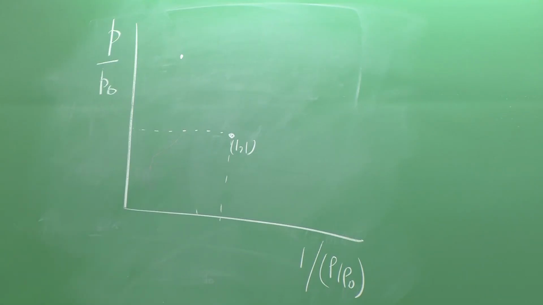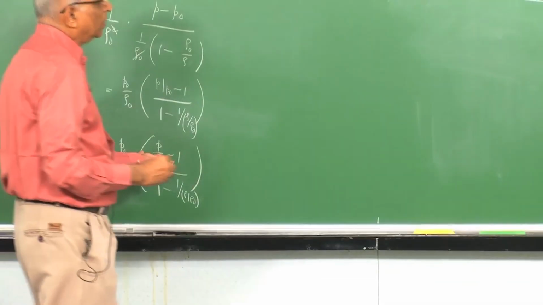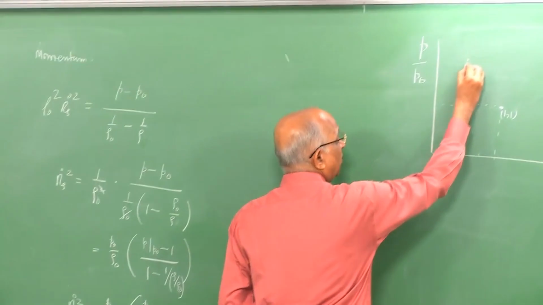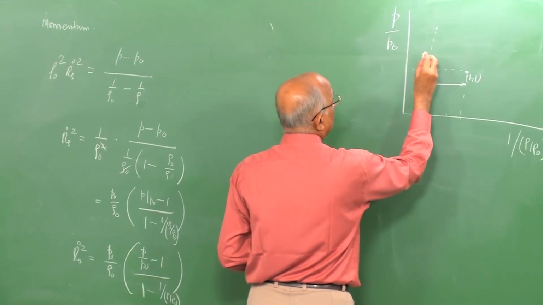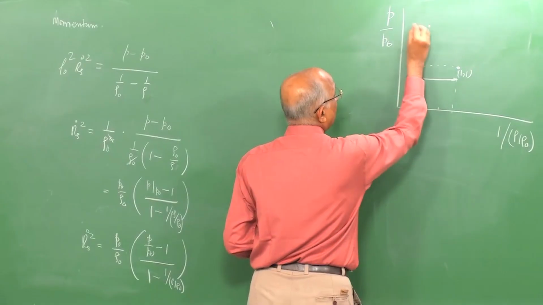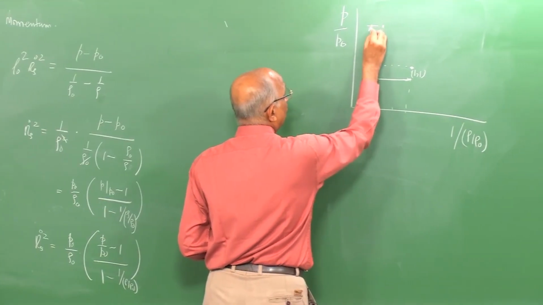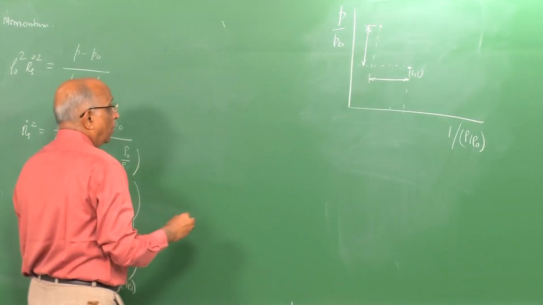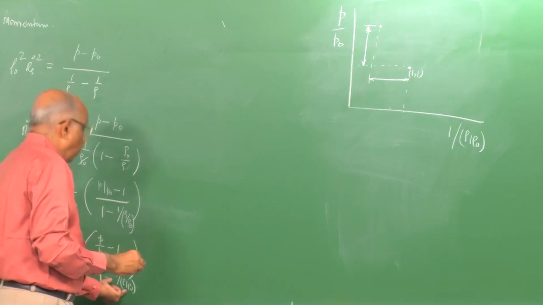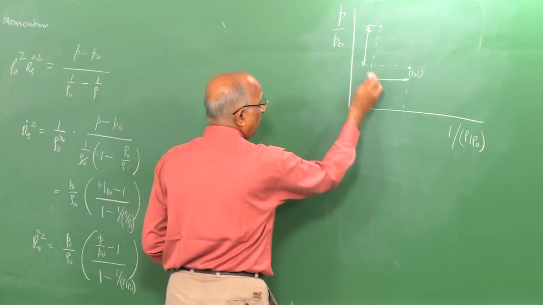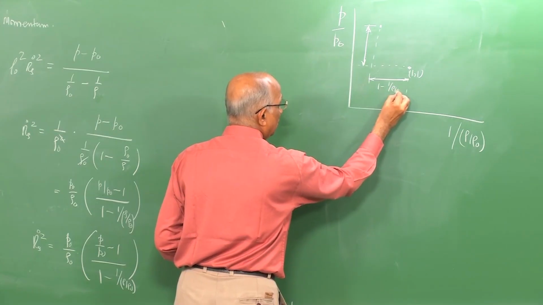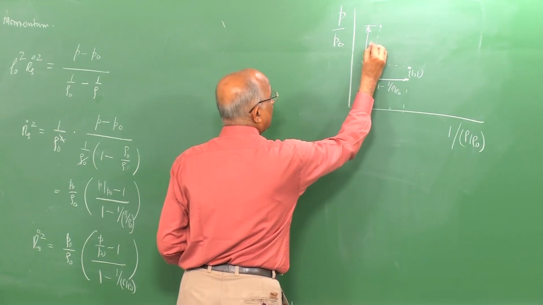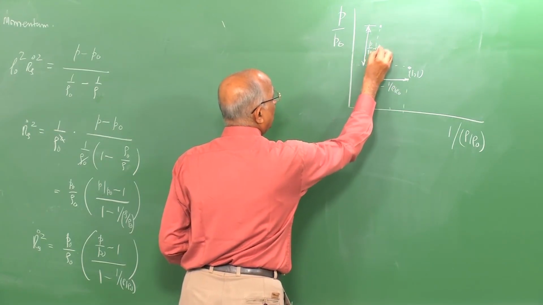What does this tell us? It is P by P 0 minus 1, that means we are looking at this particular value, divided by 1 minus rho by rho 0, this is equal to P by P 0 minus 1 over here.